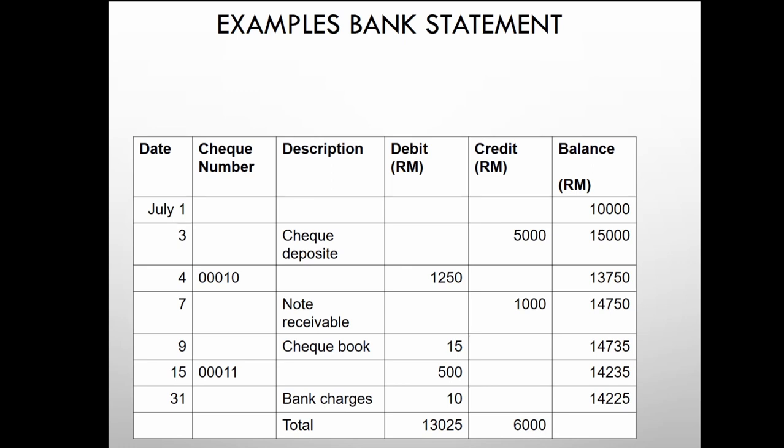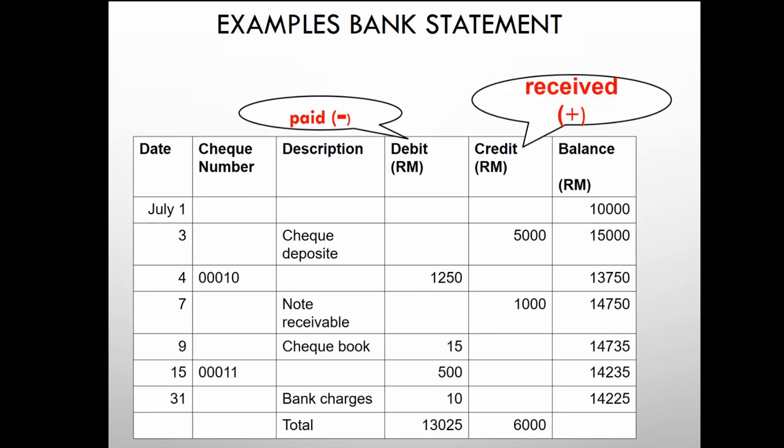And this is the example of a bank statement. You can see that the payment will be recorded in the debit side, and it contrasts with the cash book. And for the credit side, it represents that the bank will receive a check from the client, from the customer.